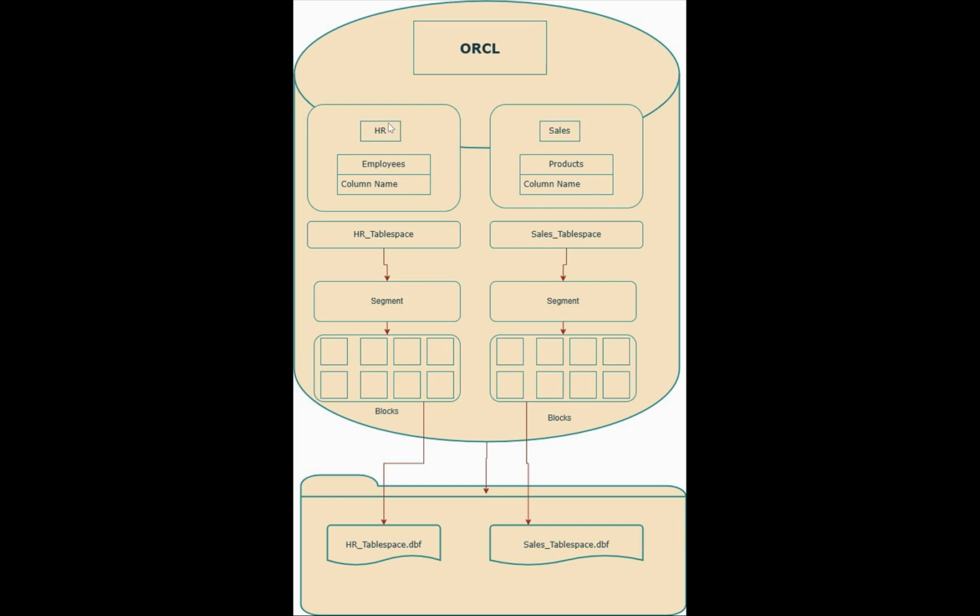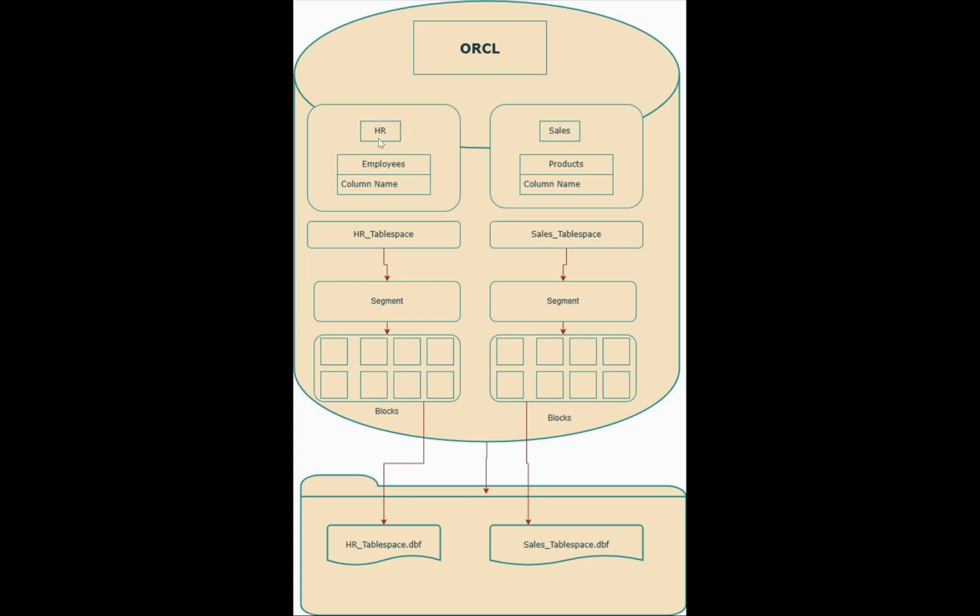The reason for this is, we want to store the data in the database, but ultimately it has to be stored in the physical hard disk drives, right? So if the data has to be stored in the hard disk drives, it has to be stored in the form of files. So how does the database know exactly in which file the data has to be stored? That's where the tablespace comes into the picture.